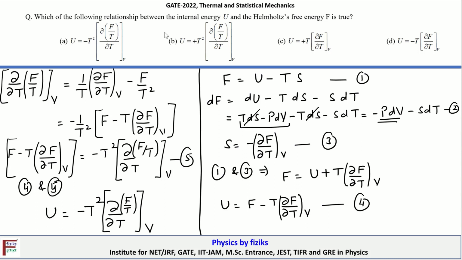Okay, so therefore option B is the correct option. No, not option B, it's minus T squared, yes, it's option A, with a negative sign. Okay, so option A is the correct option here.